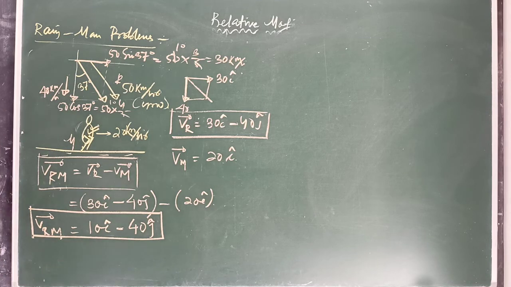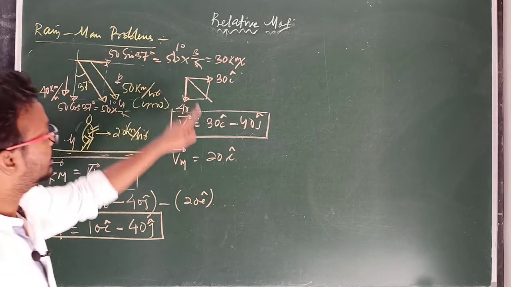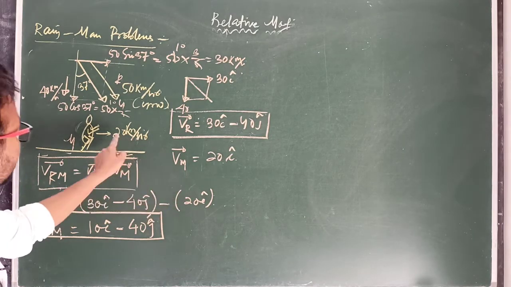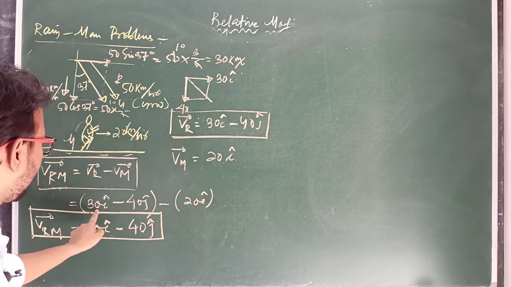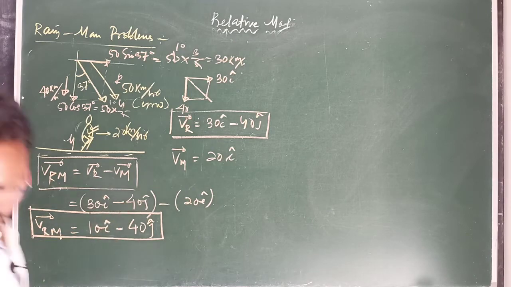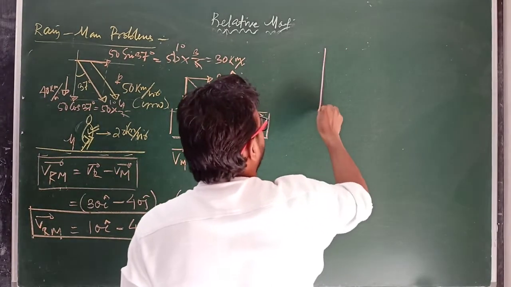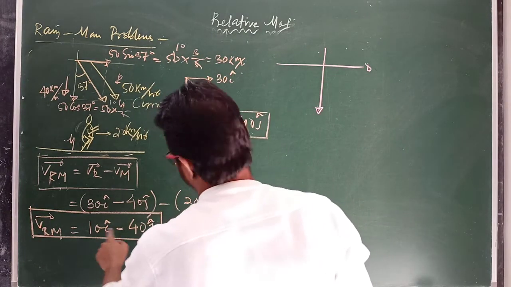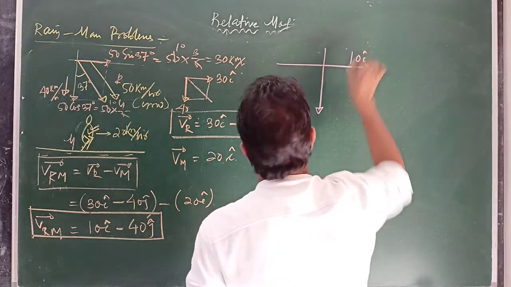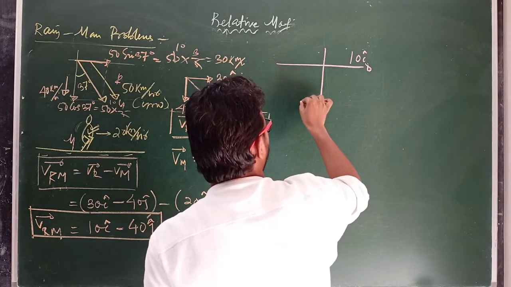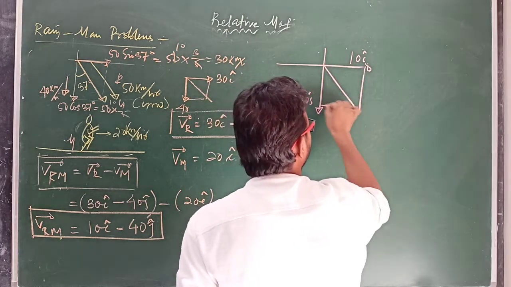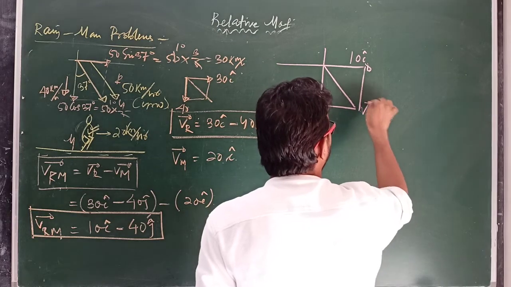So the resultant is 30 i cap minus 40 j cap minus 20 i cap. Then 30 minus 20 equals 10, and minus 40. Now use the vector sign here. In this direction it is 10 i cap minus 40 j cap. And this is the resultant vector, the velocity of rain with respect to man.